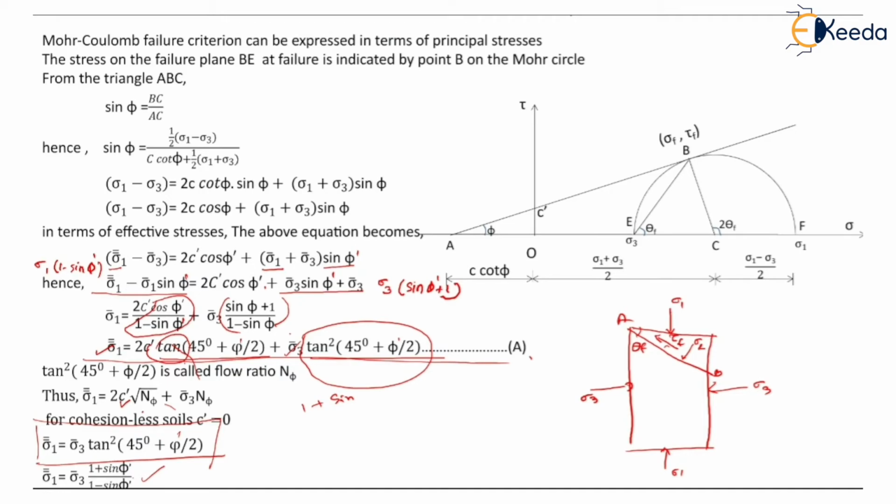The angle theta f, which is an angle of inclination of failure plane AB with the principal axis, can be determined with the help of this value phi, which is angle of shearing resistance. But as the failure depends upon effective stresses and not the total stresses, this phi becomes equal to phi dash and cohesion becomes equal to c dash.